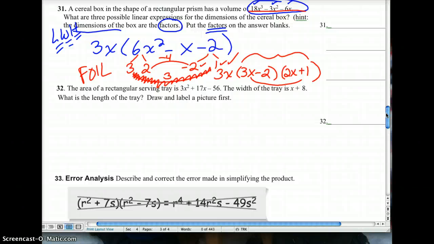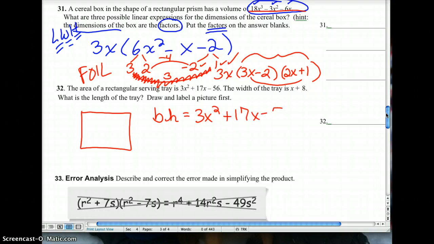I've got a rectangular serving tray that I know the area of. Area is base times height, or you could even say length times width, either one. What I know is that it equaled 3x squared plus 17x minus 56. They're giving you the width, so this is kind of nice because they do half of the problem for you. What they're saying is 3x squared plus 17x minus 56 can break into x plus 8 times something else.